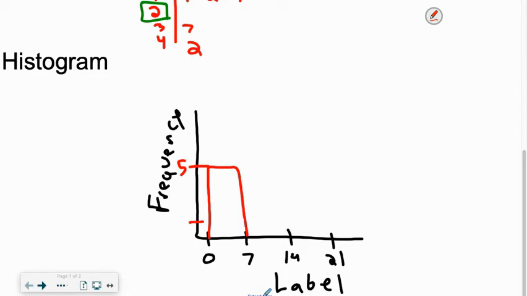If there is a 7, it goes to the right. So the number here always falls on the right. So any number from 7 up to 13 would fall in that one. 14 would fall into the next one. So any number from 14 up to 21 would go in that one. So that's a histogram.